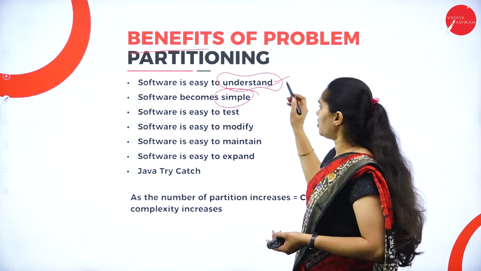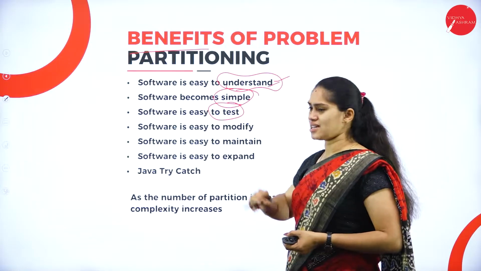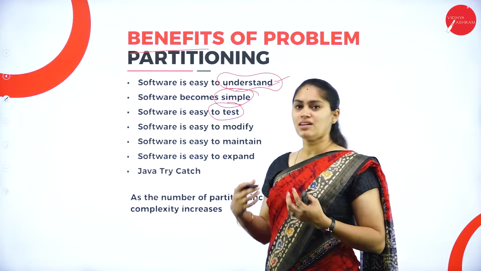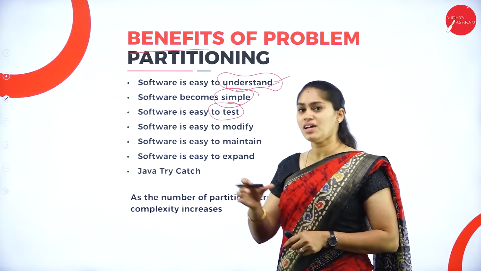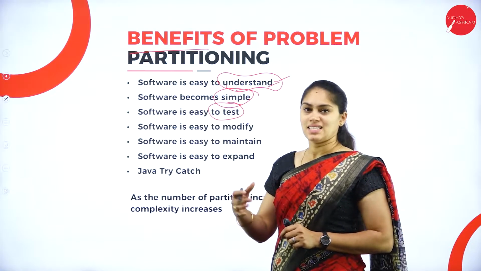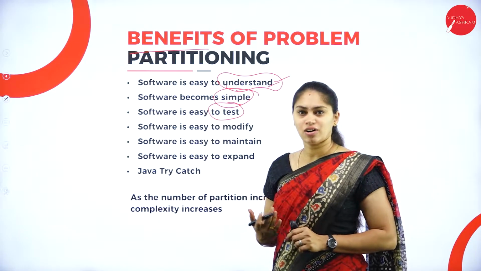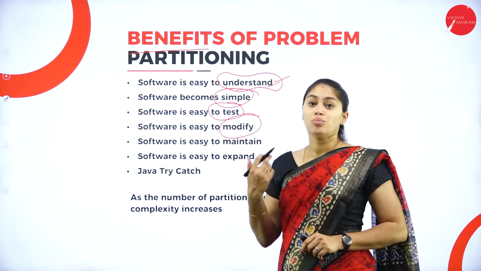Obviously, if it is easy to understand, it needs to be simple. Software is easy to test. Instead of having a complete test of a software, it is easy to have unit testing. Each module or each sub-problem is going to be tested individually, so that testing of the software will be easy. And it will also be easy for modification.